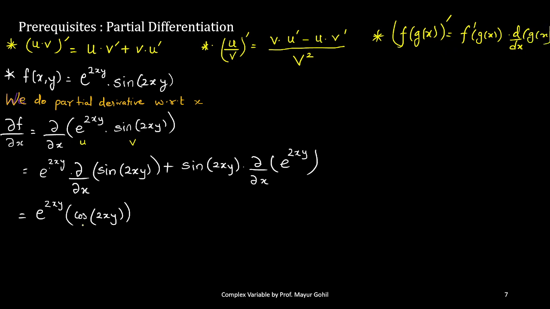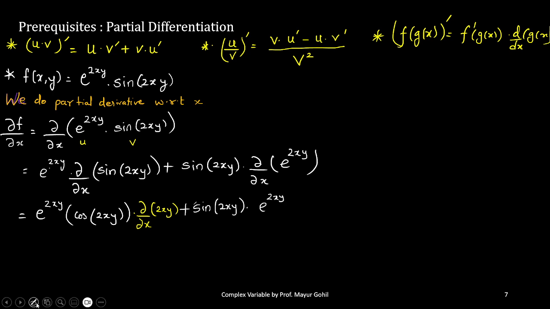So here what is happening is I have taken the function derivative, the sine derivative is done, but now I am also supposed to take care of the derivative of 2xy. So for that reason I'll have here the derivative of 2xy. Okay, now here there is sine 2xy, then the derivative of e to the power 2xy is e to the power 2xy.